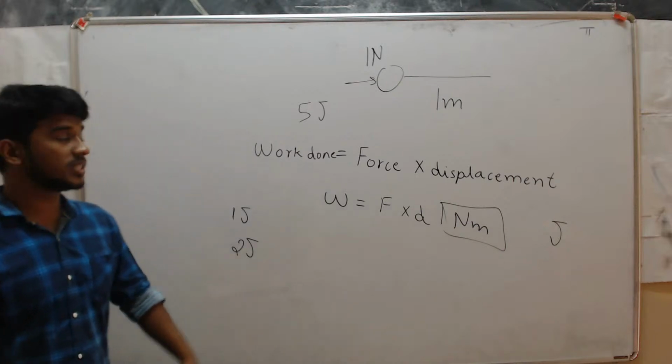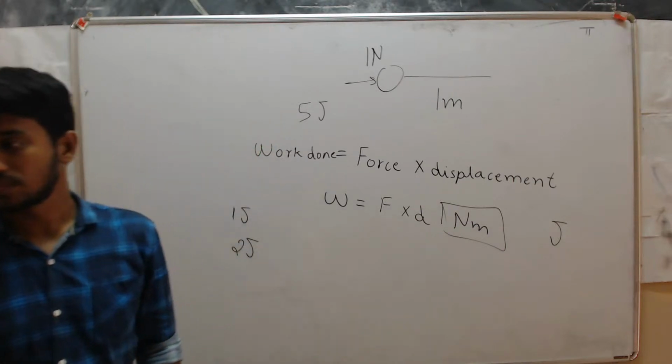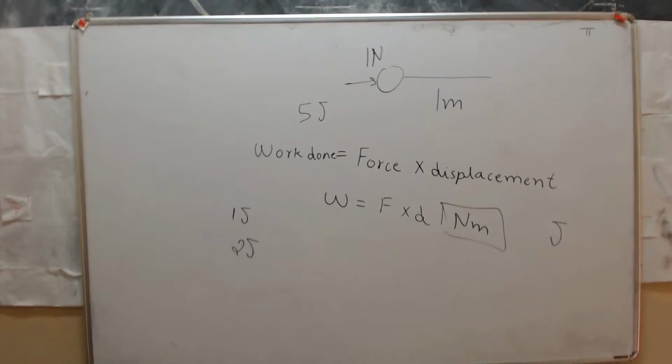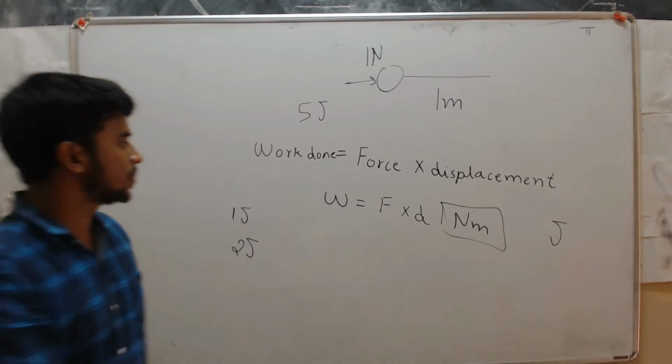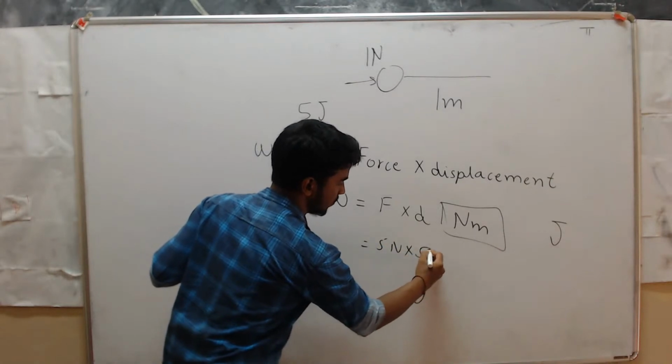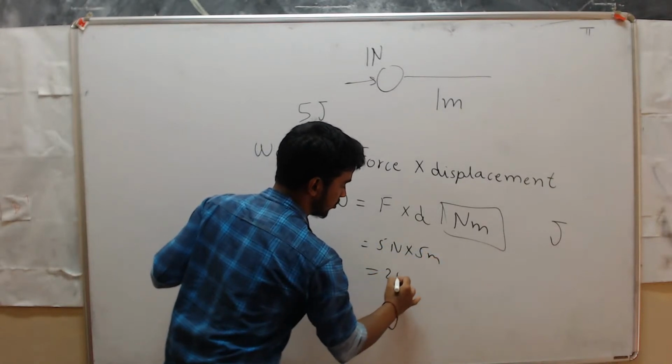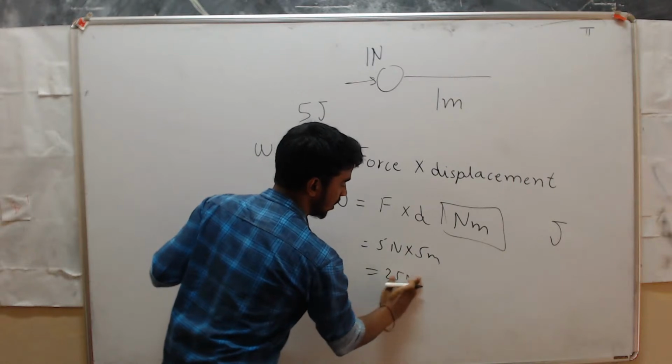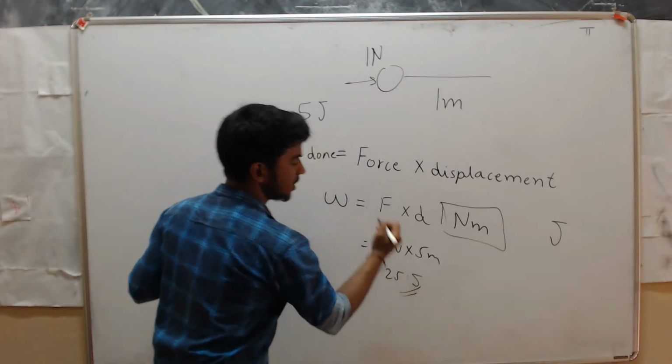Now tell me, what is the meaning of 5 joule? Yes, 5 Newton force is applied on an object which covers 5 meter. No, it's wrong. Why? Because 5 Newton force into 5 meter gives 25 Newton meter or 25 joules. It's wrong, right?